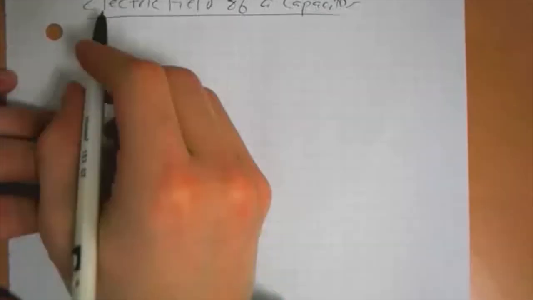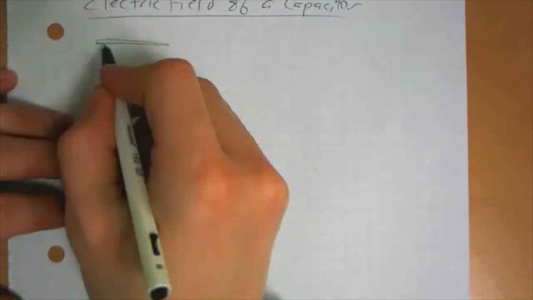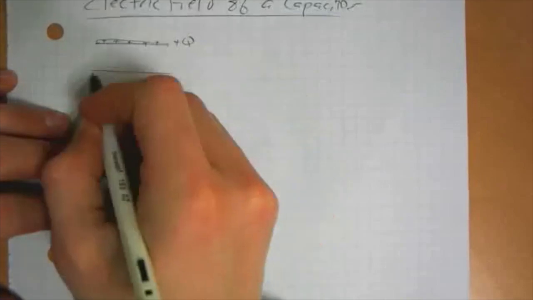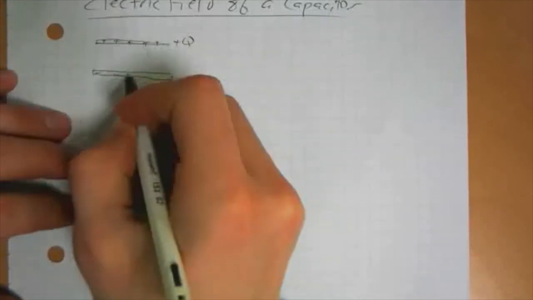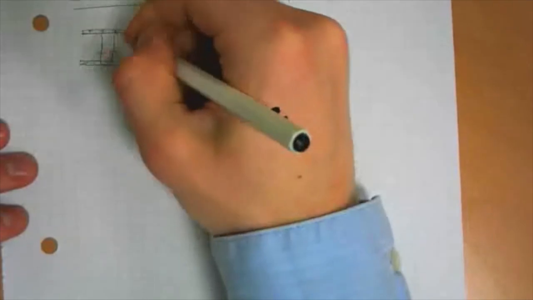Let's remember a capacitor is two parallel plates, and the top plate has a charge of positive Q, or well, it doesn't matter, top or bottom. One has a charge of positive Q, one has a charge of negative Q. And there's an electric field that goes essentially straight down, perpendicular to the sides.